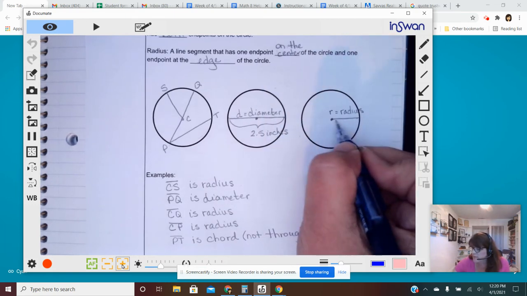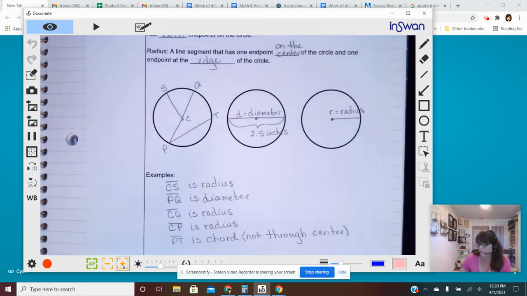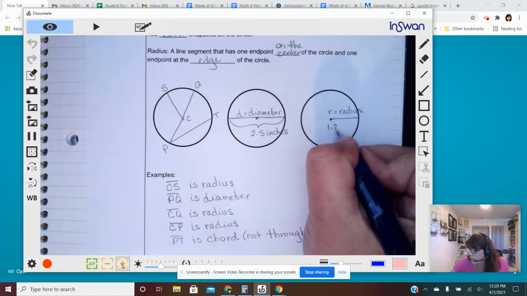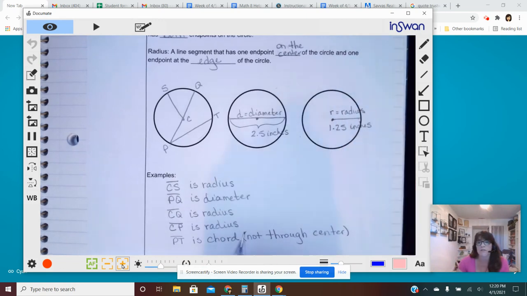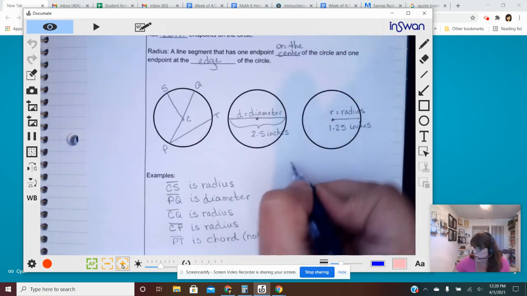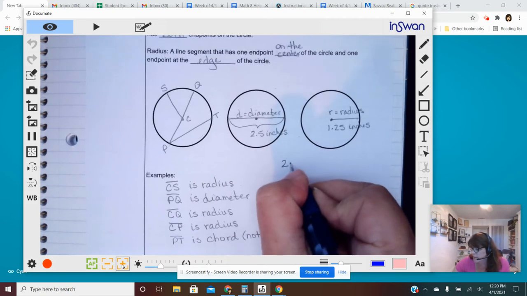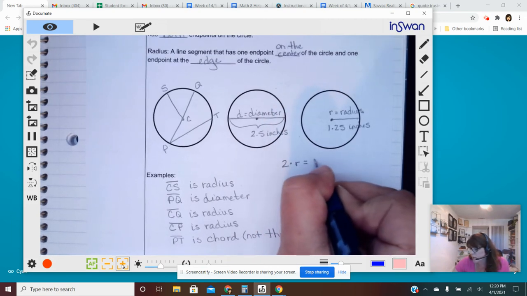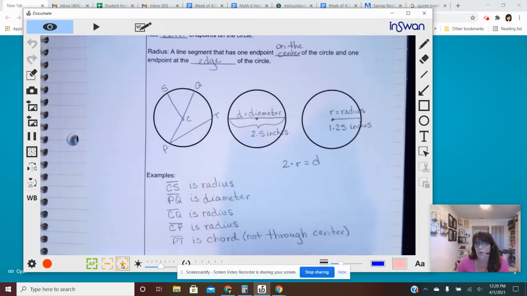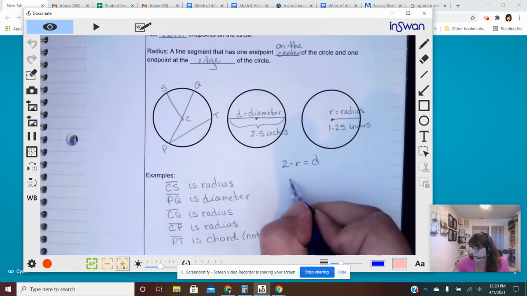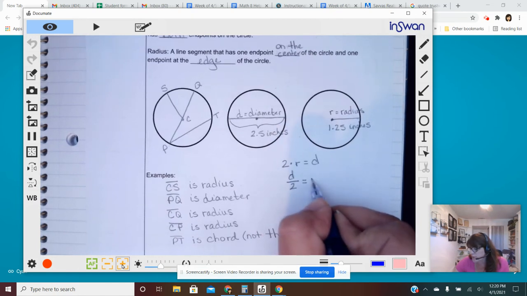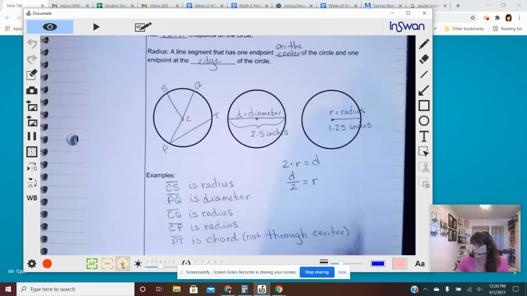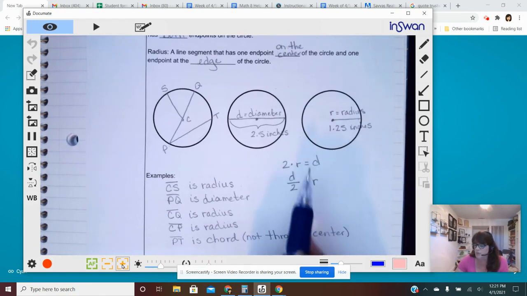Then this radius would be half of that, 1.25 inches. Okay. So 2 times radius equals diameter, always and forever. Diameter divided by 2 equals radius, always and forever.